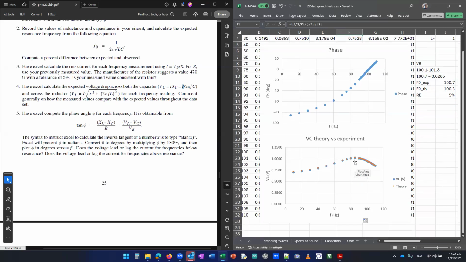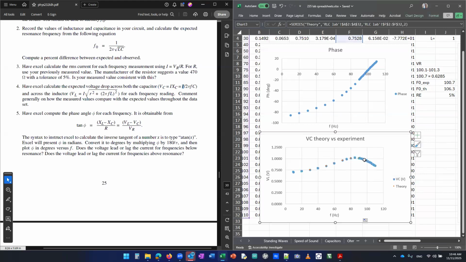So I plotted out both the theory curve, which is the orange dots, and also the experimental data, the blue dots. The orange and the blue are so overlapping with each other, I had to make the orange dots smaller to show there's actually blue dots underneath it.